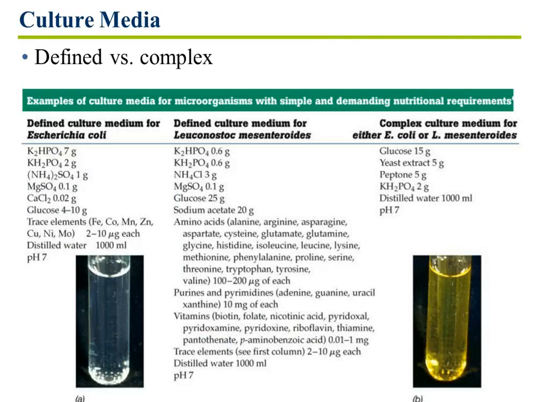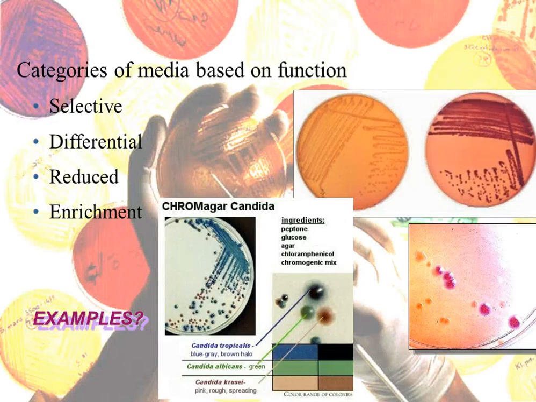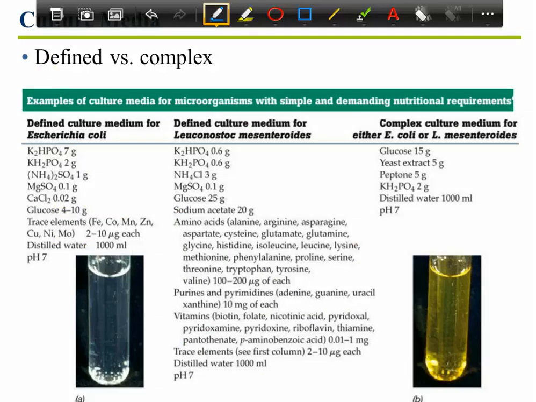Okay, types of media, defined versus complex. Defined, also sometimes called chemically defined or synthetic. So if you look at this, let me go back. If you look at this recipe right here, there are 3 recipes. Here is a synthetic medium, defined medium for E. coli. Now, look at all the chemicals. Every single chemical is listed.